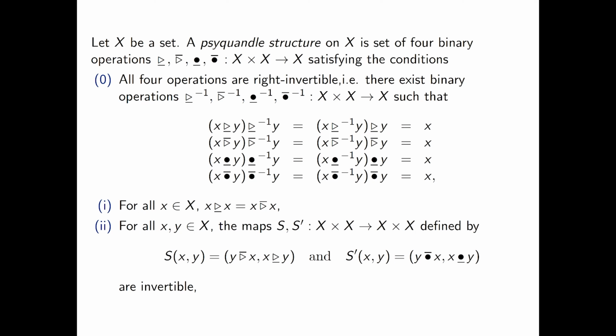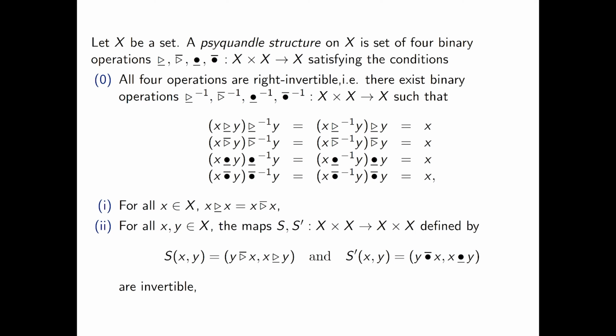The first axiom is listed as axiom 0, and this is just saying that the 4 operations are right invertible. And we're going to be using this right invertibility of these operations to make the weight function axioms that we're going to be defining later on a little bit nicer. So this is a slightly different presentation of a Psyquandle than the original definition.